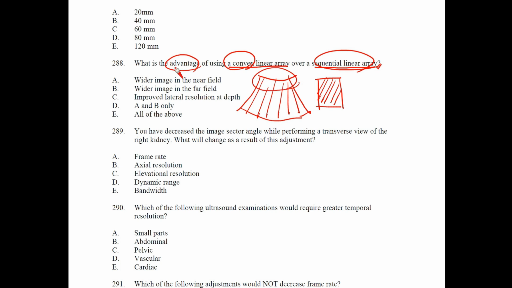The biggest advantage is, of course, that it can provide a wider near field. Additionally, a key feature of the convex type is that it offers a wider image even at longer distances. The advantage you gain compared to this is represented by option D, which includes both options A and B, so you should select D.